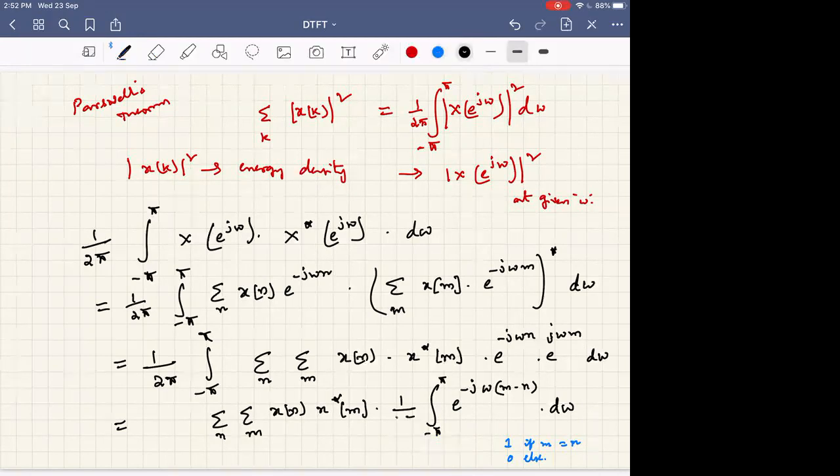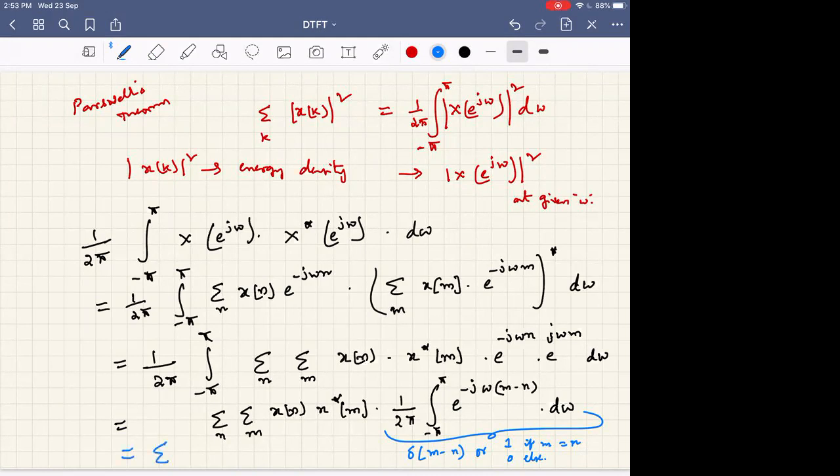Then what is the final result? Considering this, what is the final result? Is this correct, whatever I have written? So then what is the final result with this?